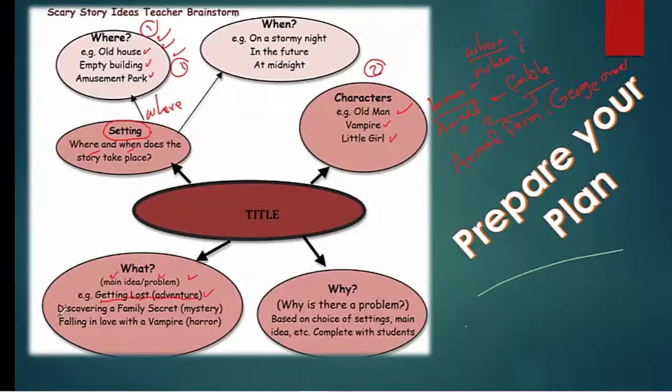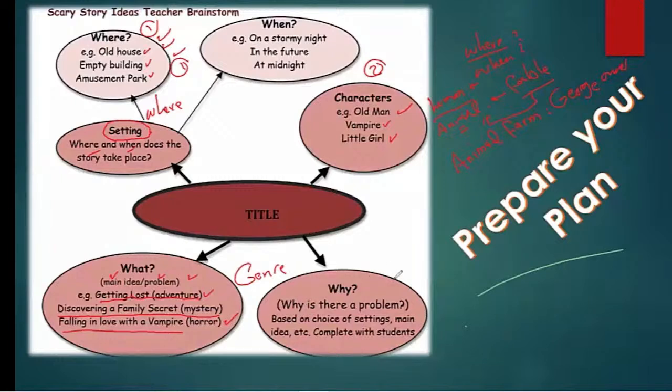Or you will write about discovering a family secret, so this is a mystery story. Or falling in love with a vampire, so the story is a horror story. It's up to you to decide what genre you prefer to write. By genre I mean the type of story.